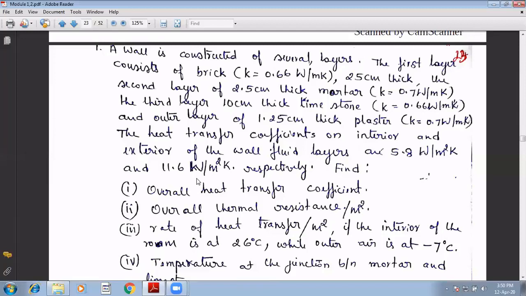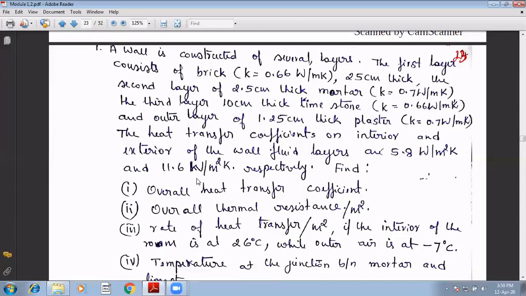So we have 4 materials here, and we should also consider internal convective resistance as well as external convective resistance. So in total we have 6 resistances, 2 convective resistances and 4 conductive resistances.